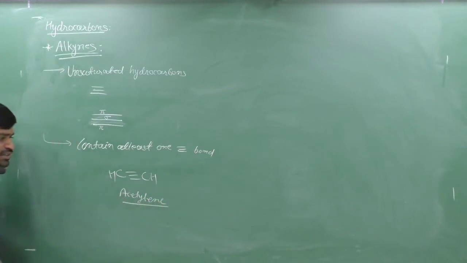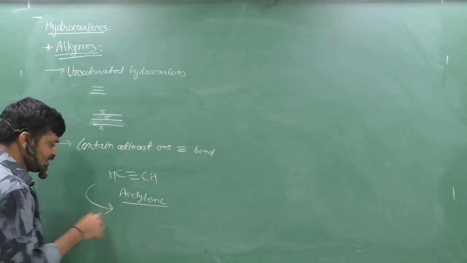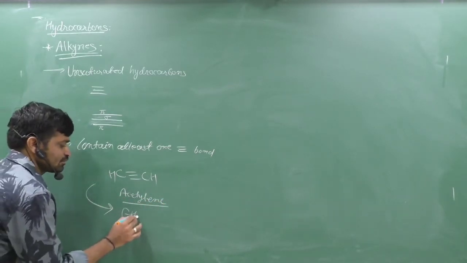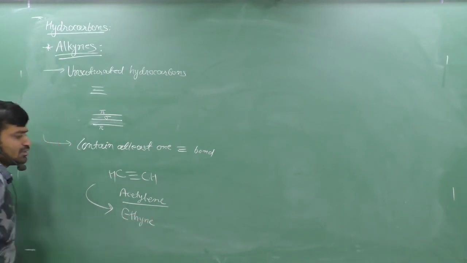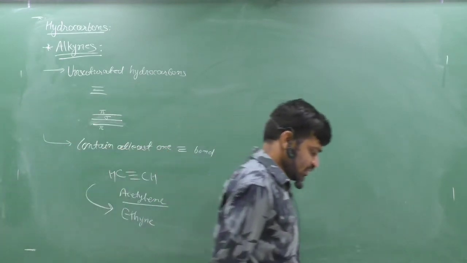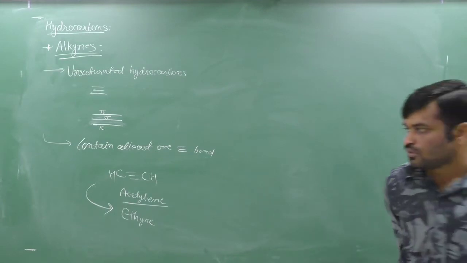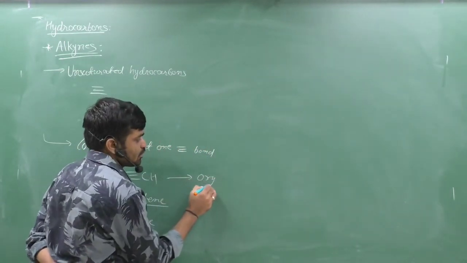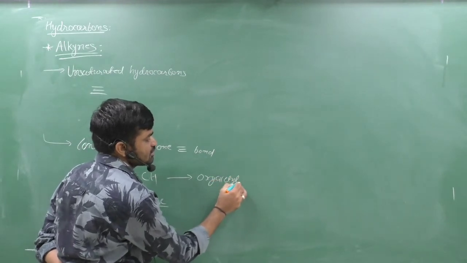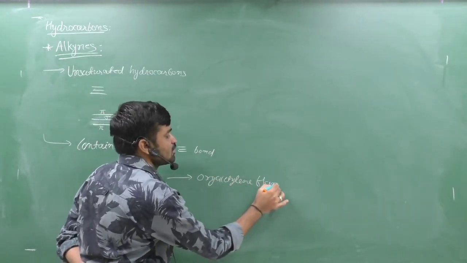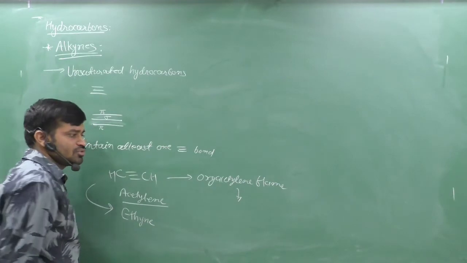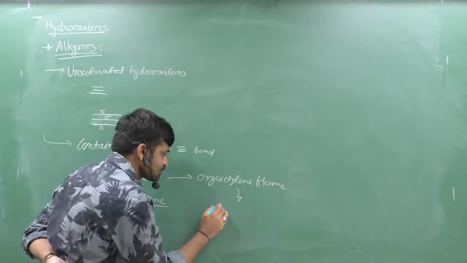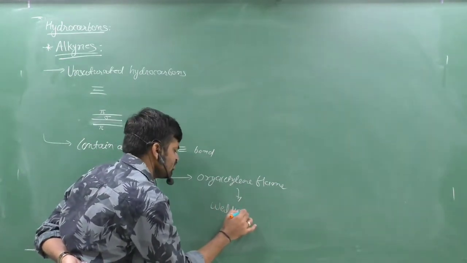The common name is acetylene and the IUPAC name is ethyne. Clear? It is a very important member, and nowadays it is very useful in the oxyacetylene flame. This oxyacetylene flame is used for welding.